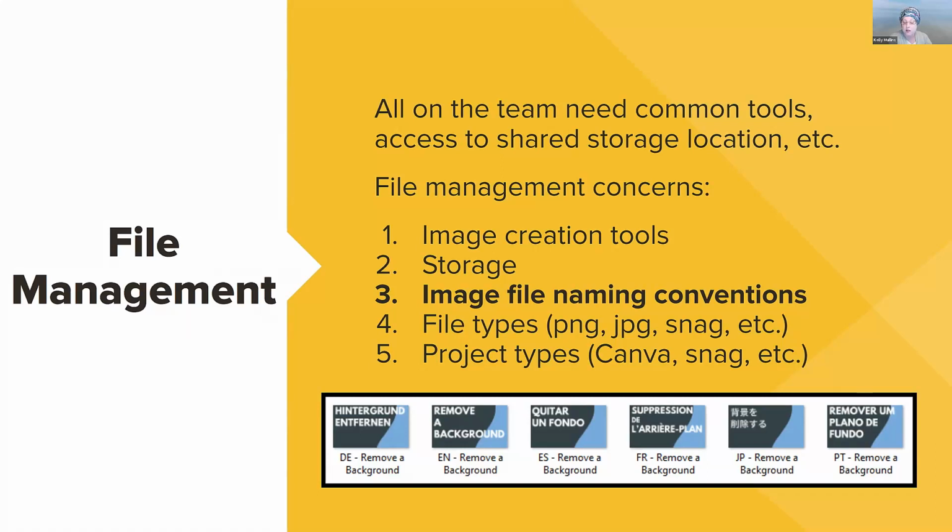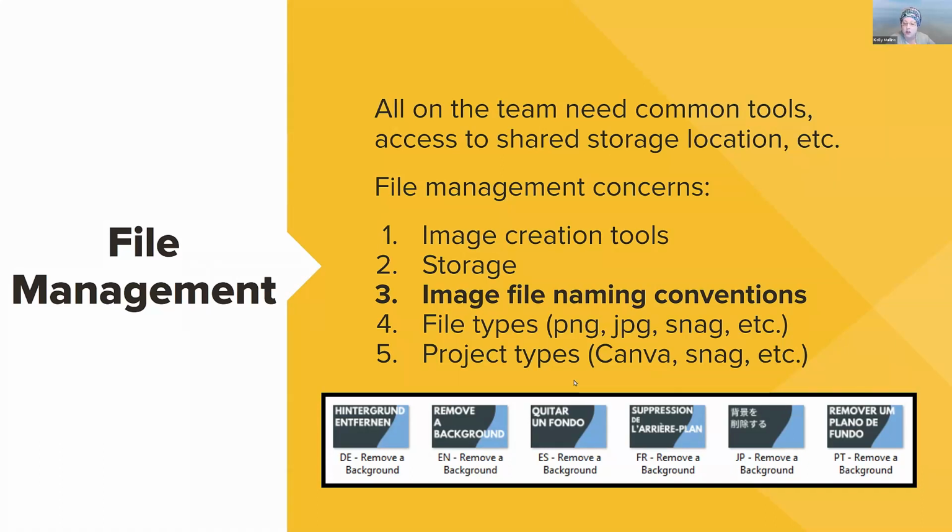So when we send these over for localization, the linguist simply changes the two-letter code at the beginning of the graphic name for these thumbnails that are on our tutorial pages. And we have automation built in to automatically pull in the correct image. So I don't have to do those manually every time.